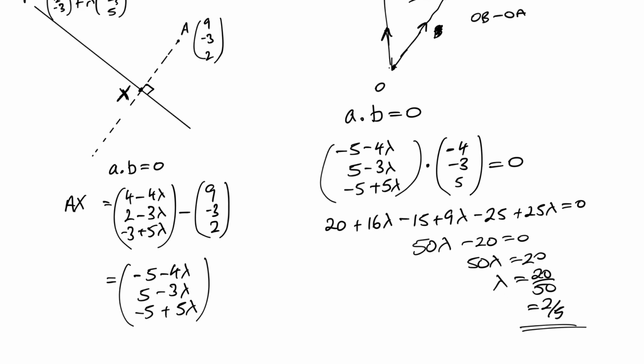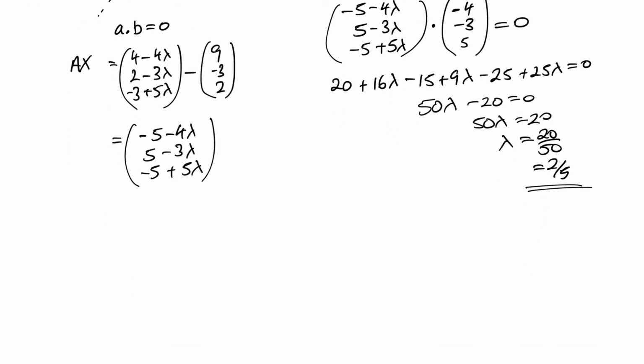Now that doesn't mean we're finished. I'm just going to move this up, because what we need to do now is substitute lambda back into our original equation for r, wasn't it? So we had 4 minus 4 lambda, 2 minus 3 lambda, and minus 3 plus 5 lambda.